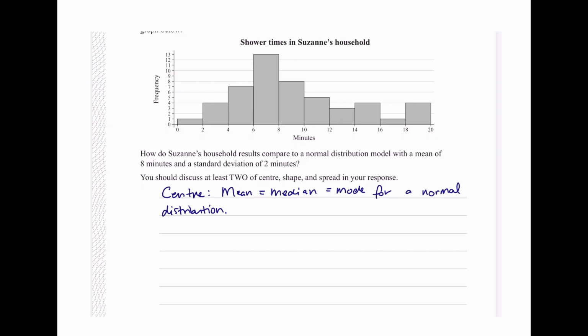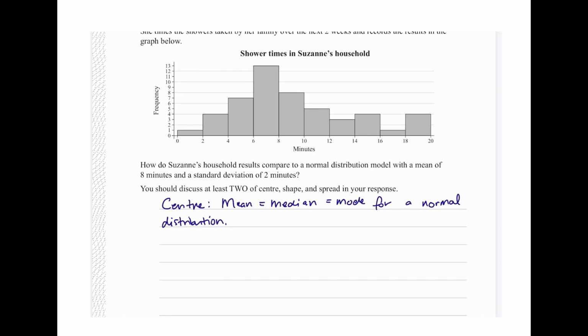But here, we can see that this is definitely not super bell-shaped. So what that tells us is that our median is probably around 8 or 7, or our mode is probably about 7. Our mean is definitely not going to be that. Because we've got all this skew, our mean is going to be some kind of untidy number.